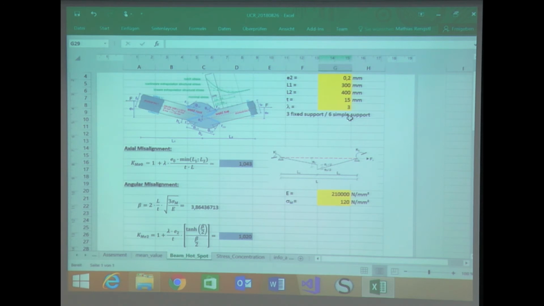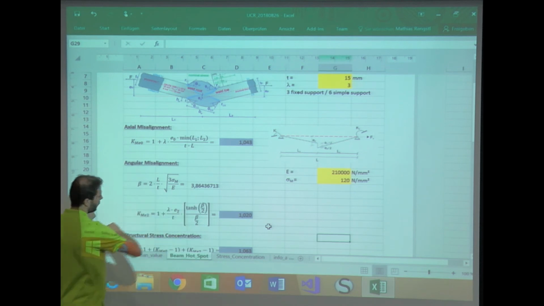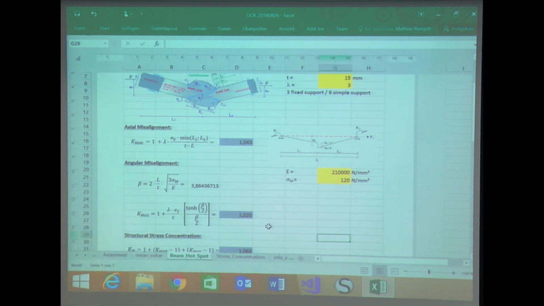It still acts on our system. And also the angular misalignment, the same. Here we have some further information, which results in the movement of the joint due to the tension forces. This is a factor which gets to 1 if you have a huge distance in the joint.